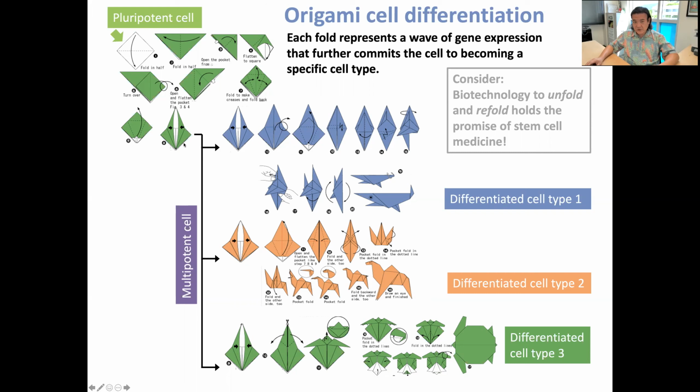However, because these multipotent stem cells are already far enough down on this decision-making tree of gene expression, if this were, let's say, a hematopoietic stem cell in our bone marrow that can make one of several different types of blood cells, that's great, but that hematopoietic stem cell cannot make something like a nerve cell or a skin cell. Why? Because those decisions were farther up in the decision-making process, and those cells had already branched off, before then, depending upon their decisions, that led to other groups of cells that they were destined to become.